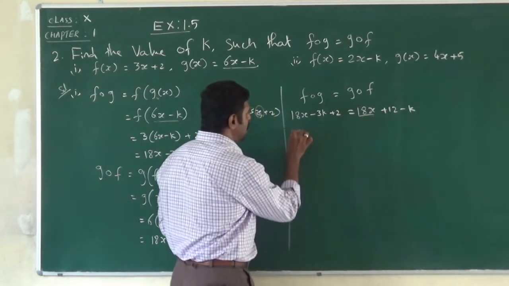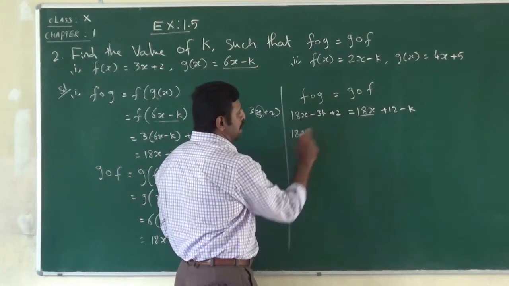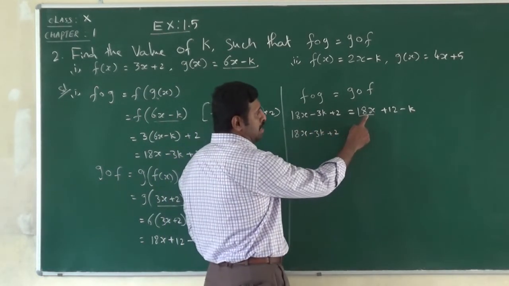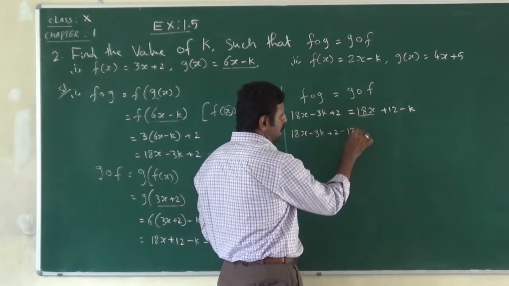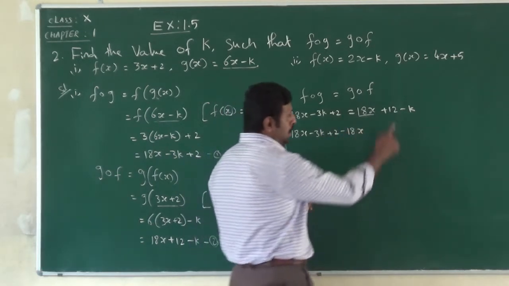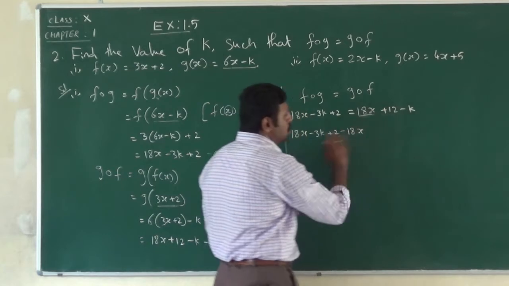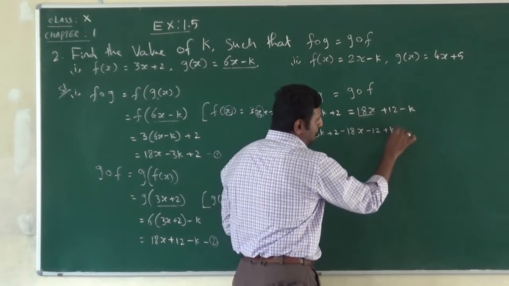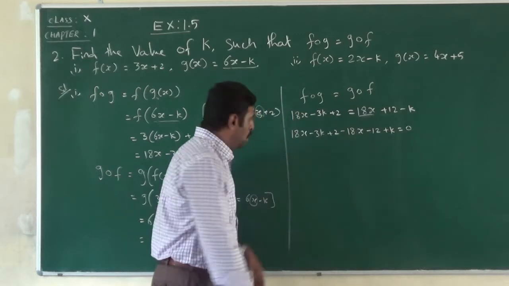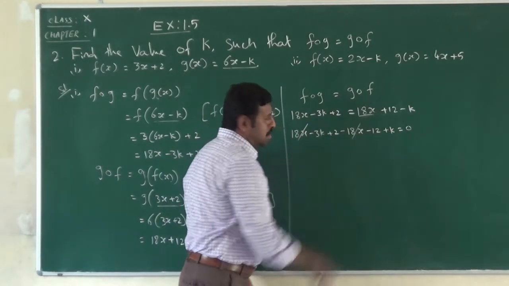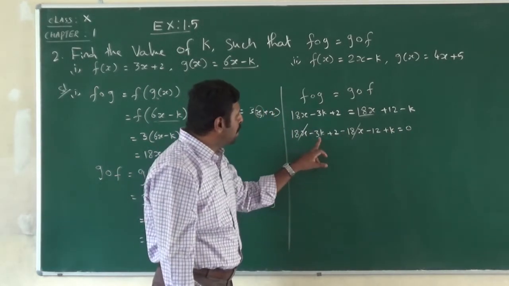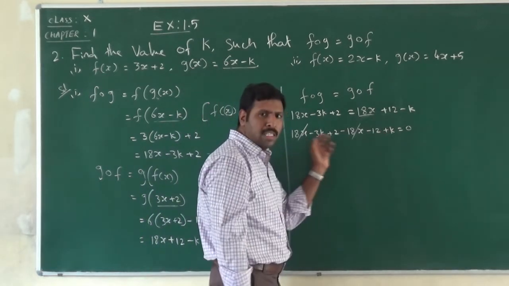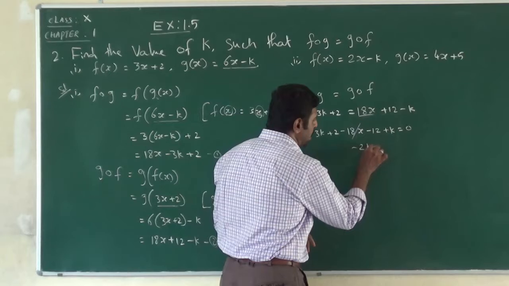If I take 18x to this side, we get minus 18x, and taking the whole term here we get minus 12 plus k equal to 0. The 18x terms cancel, and we have minus 3k plus k, which is minus 2k.